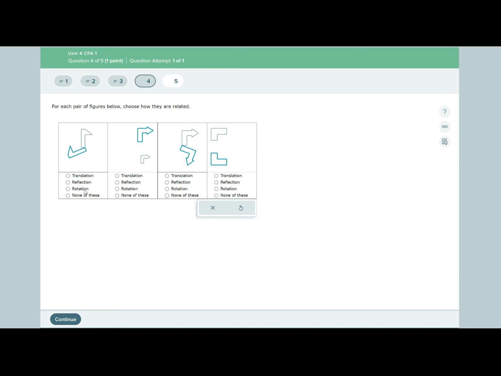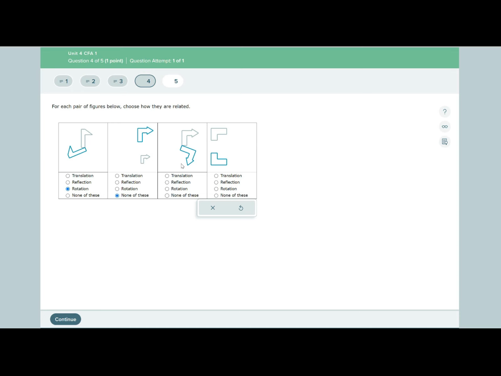So that will be rotation. From blue to the gray one, it looks like if you move it down, the gray arrow is still smaller than the blue arrow. So it's neither, because translation moves it down, but you need dilation to change the size. They don't have that option here, so that would be none of these.